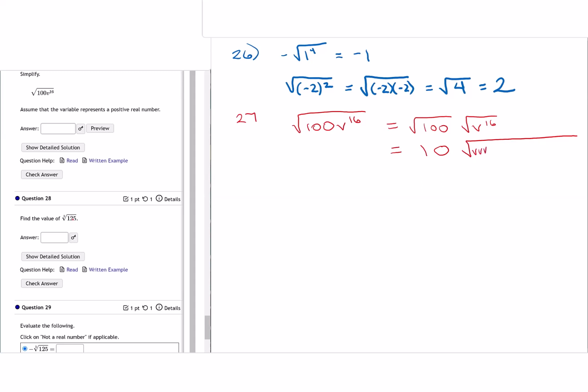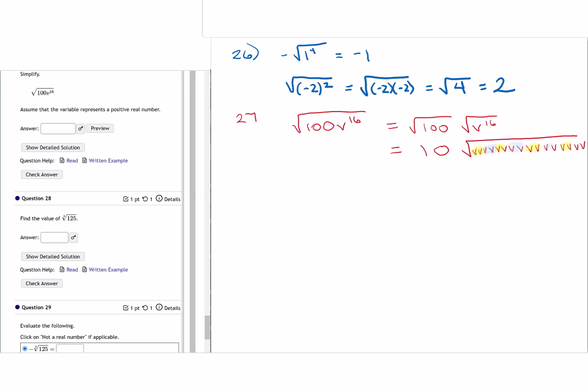1, 2, 3, 4, 5, 6, 7, 8, 9, 10, 11, 12, 13, 14, 15, 16. For every 2, I get 1. So there's 2, 4, 6, 8.